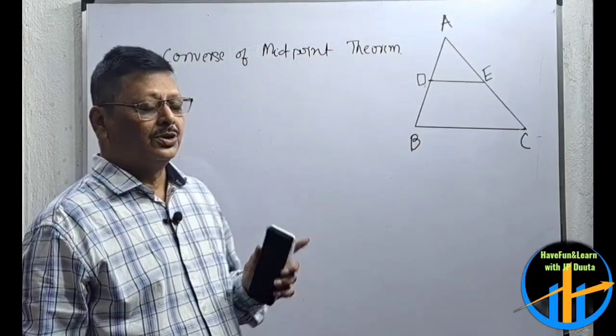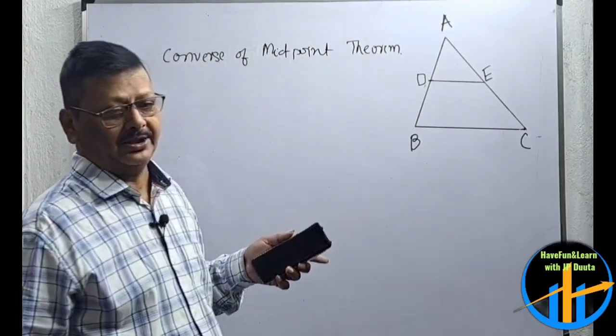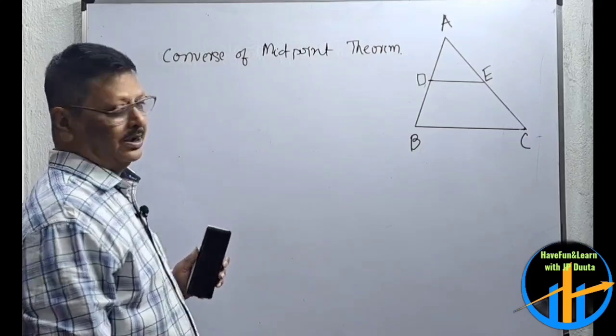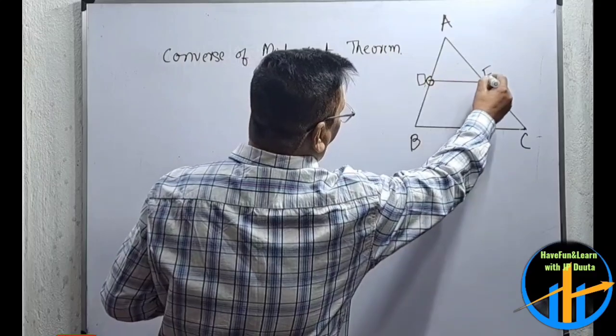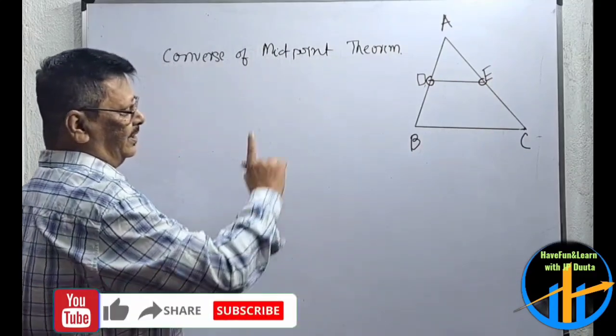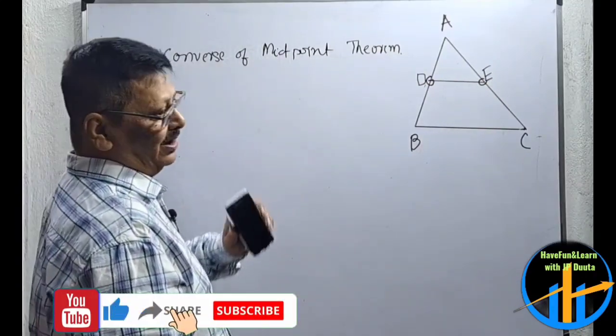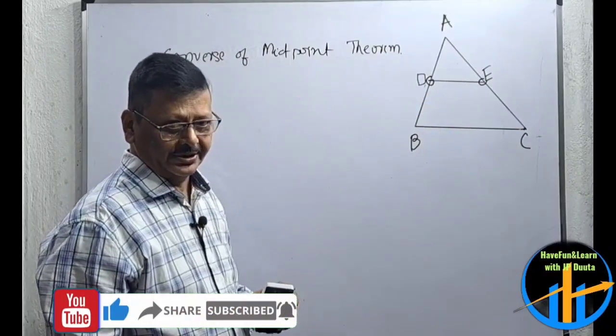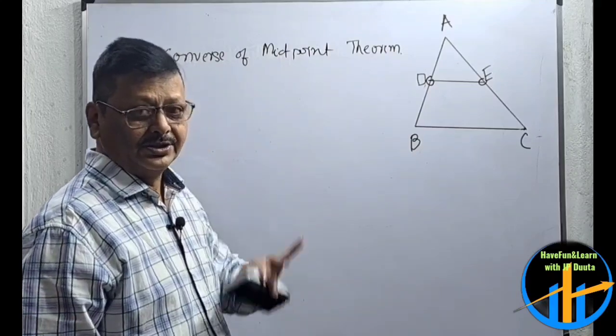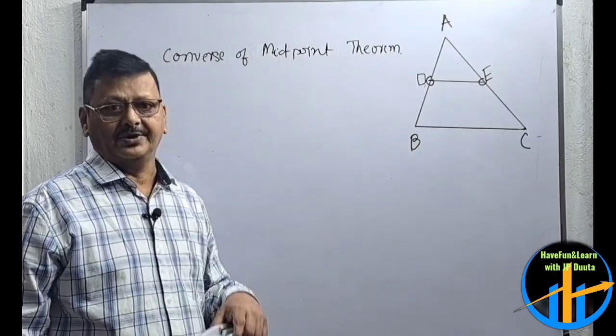Now we will next go on to the converse of the midpoint theorem. The optics is something like that. In the midpoint theorem we said that D and E were midpoints. And if you join D and E, it will be parallel to the third side BC, and half the third side. Here, the scenario is the converse.